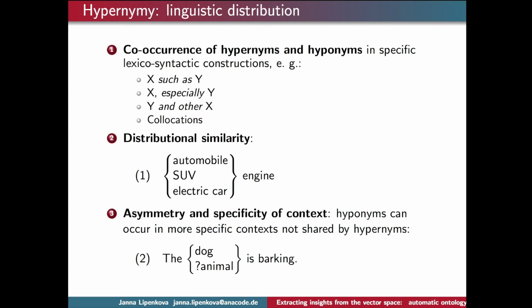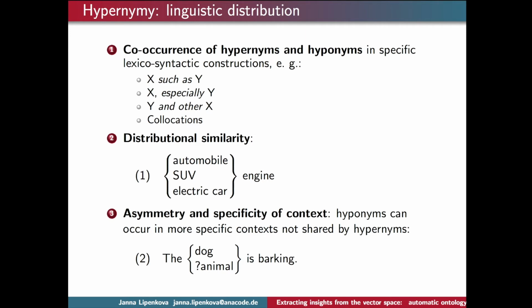Then the second property, distributional similarity. I'm sure that most of you know what distributional similarity is, because it's the underlying principle behind word vectors and word embeddings. So basically, distributional similarity tells us that words that are semantically similar tend to occur in similar contexts.